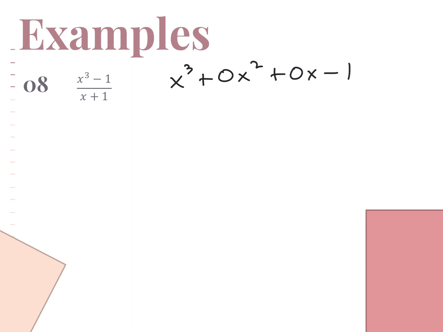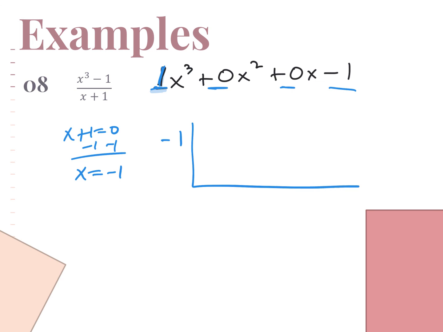So now the numbers that are going to go in my synthetic division box: I'm going to put in the 1, a 0, a 0, and a -1. And again, if you want to do the x plus 1 equals 0, we're doing -1 here, and then put in all those coefficients.